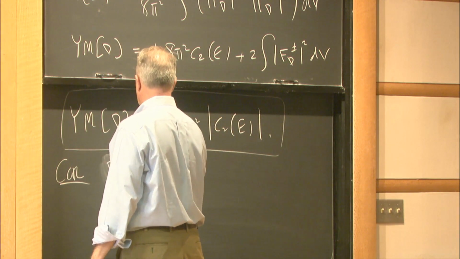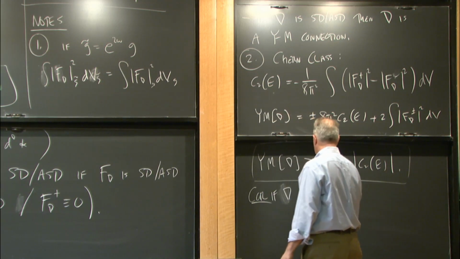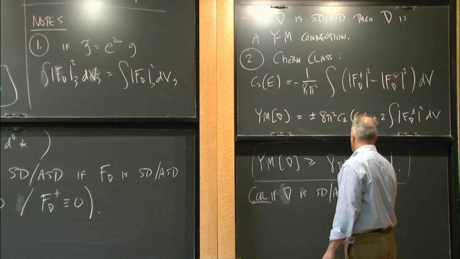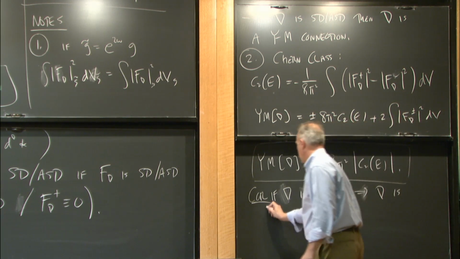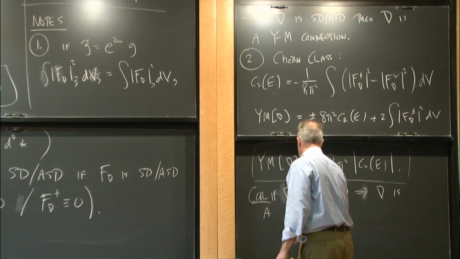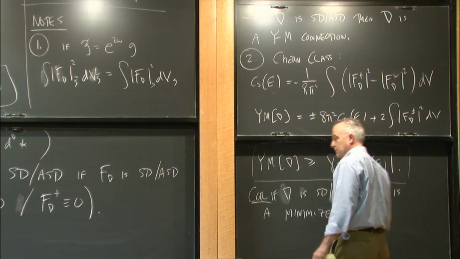if nabla is self-dual or anti-self-dual, then nabla is a global minimizer of the Yang-Mills functional.